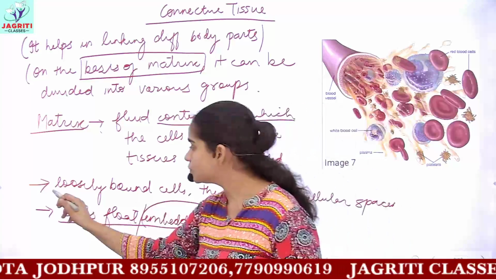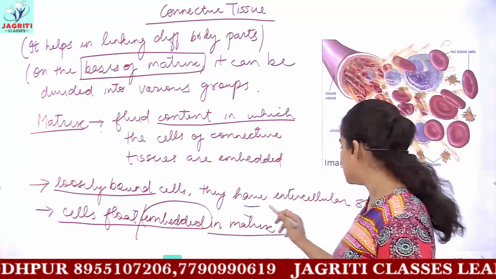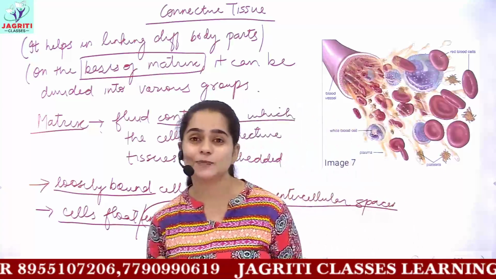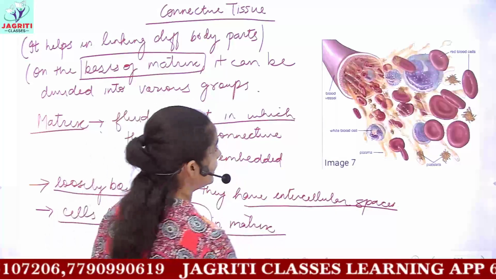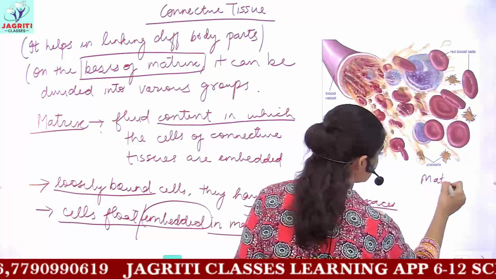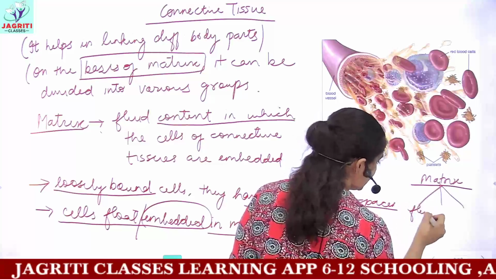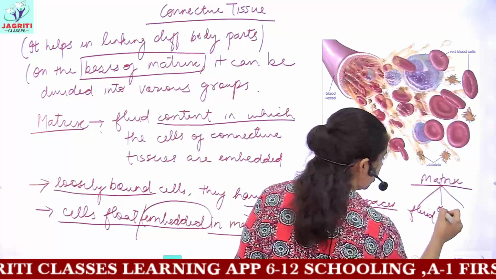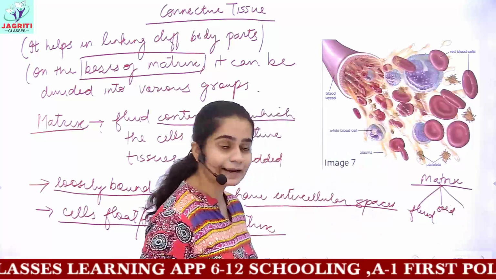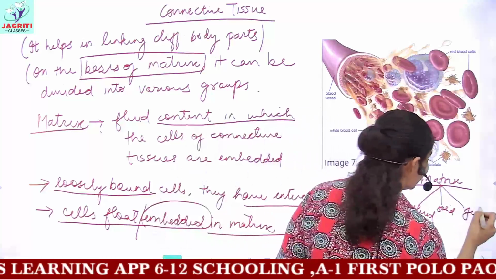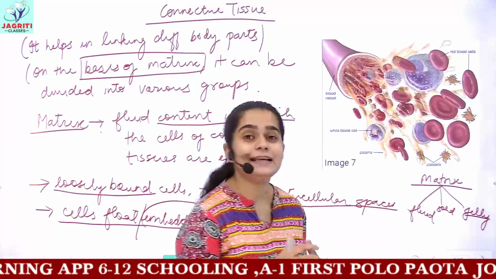These cells also are loosely bound, with intercellular spaces between them. And as I told you earlier, matrix is of various kinds: you can have a fluid matrix, a solid matrix, or a viscous, jelly-like matrix.